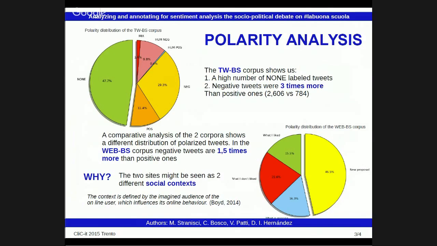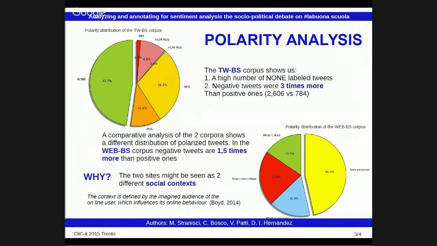What are the results? The polarity analysis showed two important findings. The first one is that in the graph on the left, you can observe the distribution of polarity on the Twitter corpus, which shows a high number of non-labeled tweets, and a very big number of negative tweets compared to positive ones.